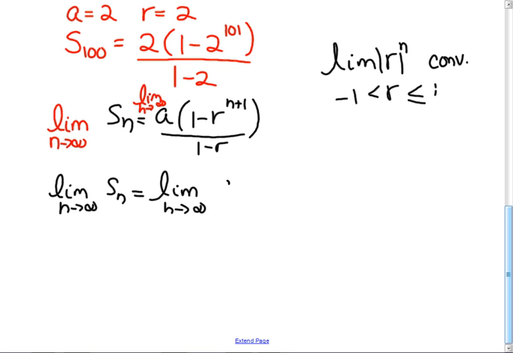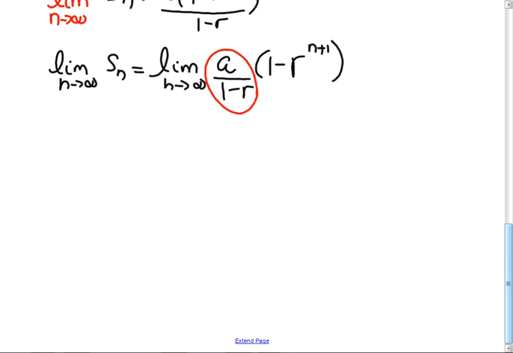Now, does that limit affect this a over 1 minus r? Are there any n's in the a over 1 minus r? But just in this piece right here, are there any n's there? No. So I may pull that right out of the limit. It's a number. It's a constant. It's whatever it is.